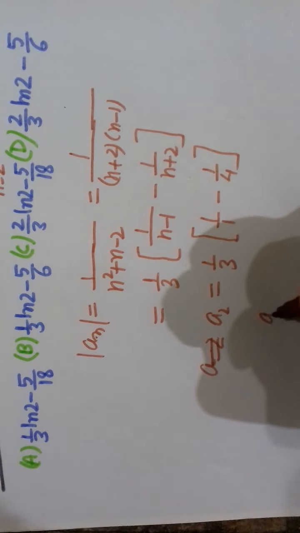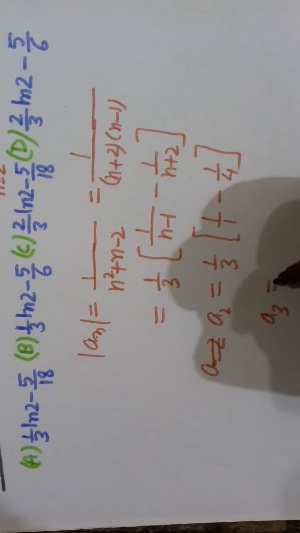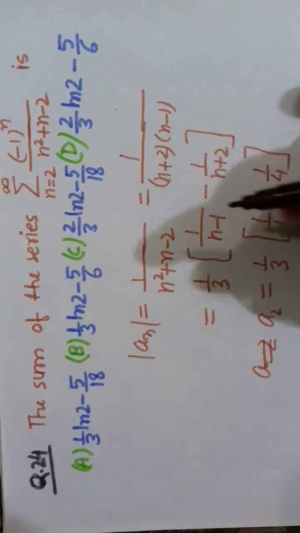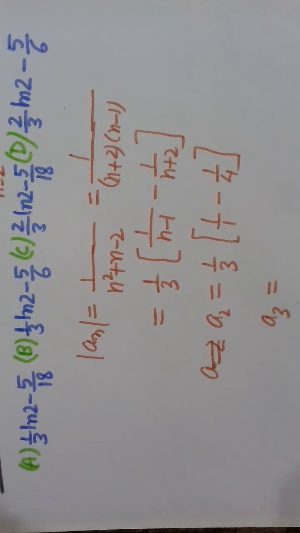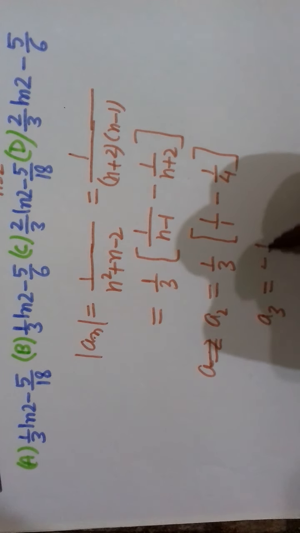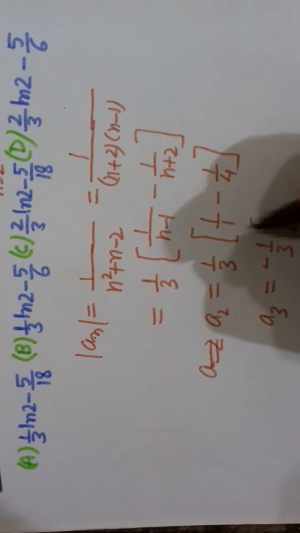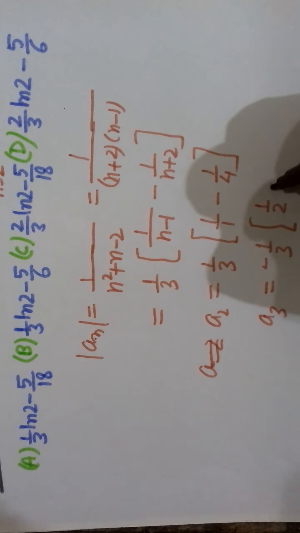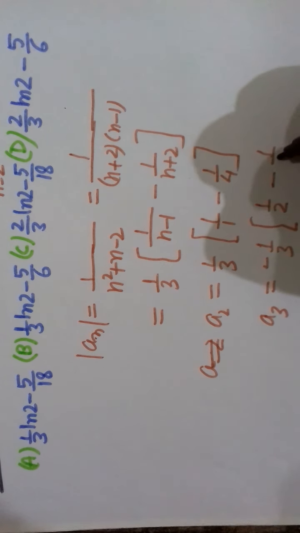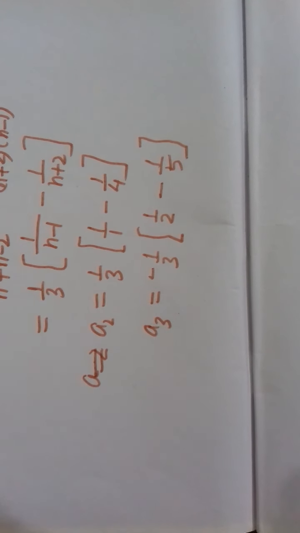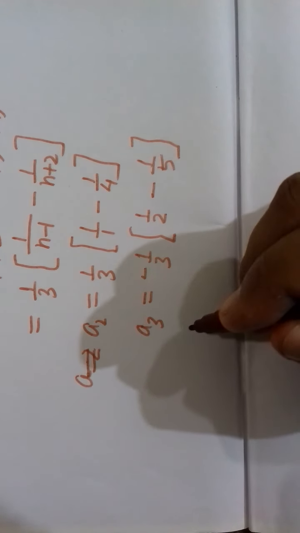Now a3. In a3 this will be minus, so minus 1 by 3, and putting 3 here you get 1 by 2 minus 1 by 5. In the same way we can find a4.